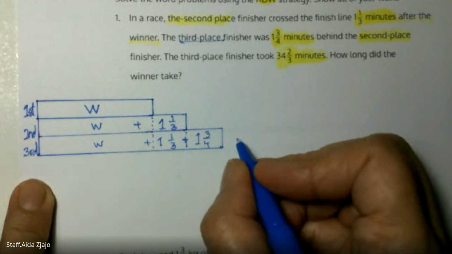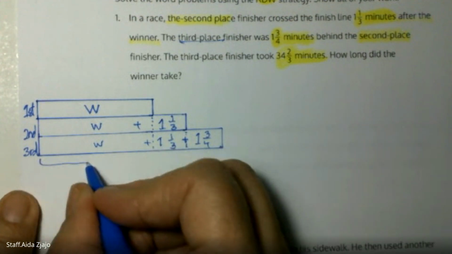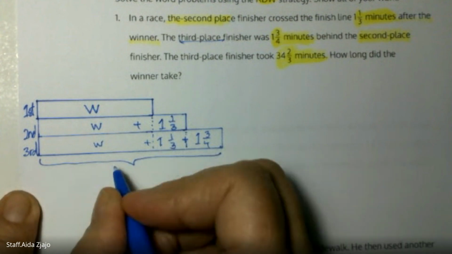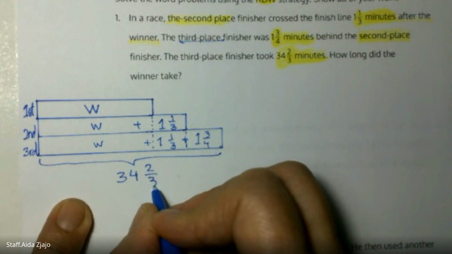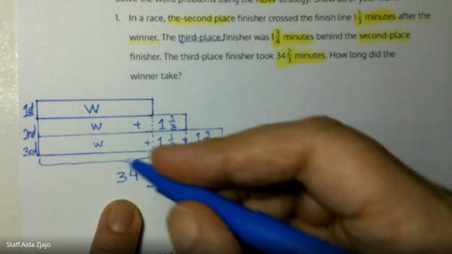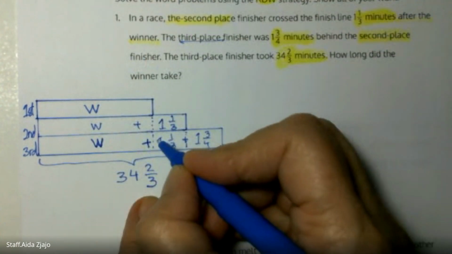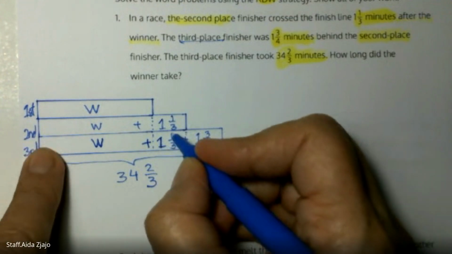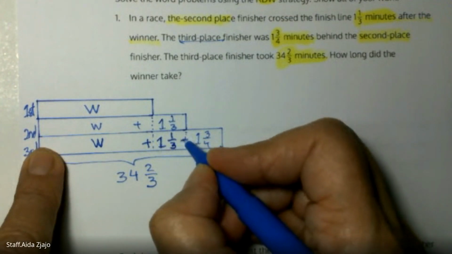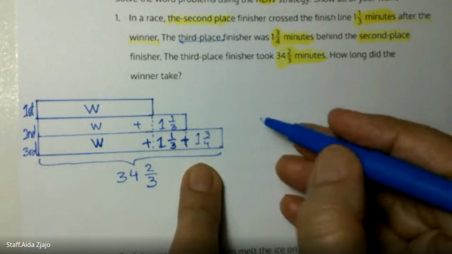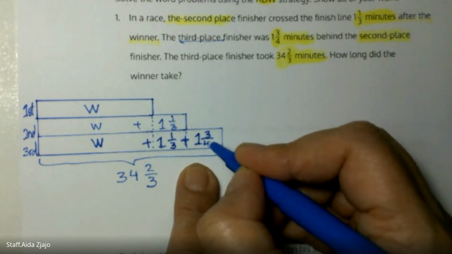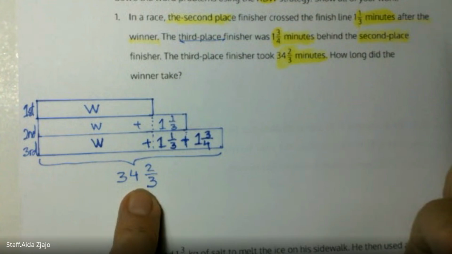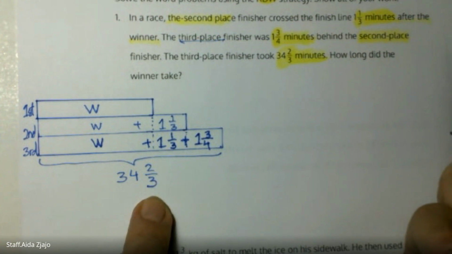So they tell us the third player took 34 minutes and 2/3. So our winner plus extra for the second place and plus extra for the third place must equal all this, 34 minutes and 2/3 of a minute.